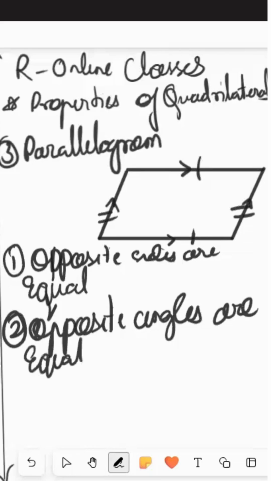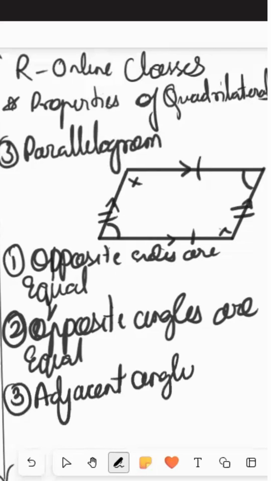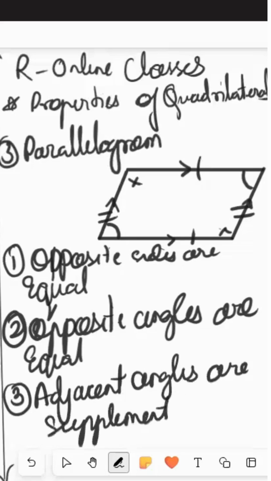That means this angle will be equal to this angle and this angle will be equal to this angle. So suppose this is 60, this will be 60, this is 120, this is 120. Now that gives you a very interesting answer. Adjacent angles are supplementary. That means you can say this is X, let's say this is Y. So angle X plus angle Y will be equal to 180 degrees.